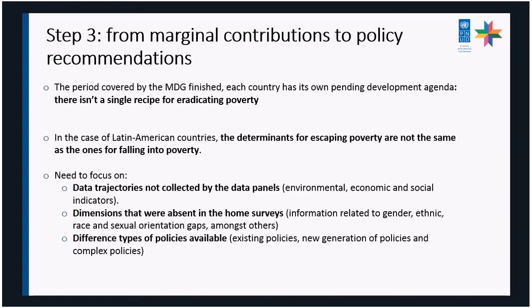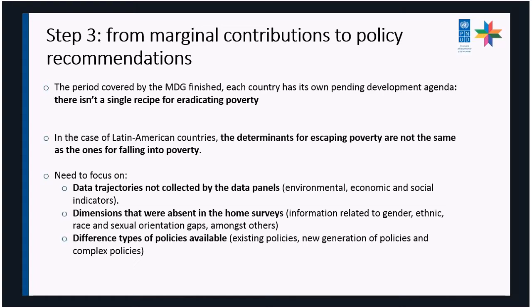So we think that there are three important factors to focus on when constructing the policy recommendations. The first one is to look to other data sources in order to analyze dimensions that are not collected by data panels. As you know, the SDG agenda is a very ambitious agenda that has three important dimensions: the environmental, economic, and social dimensions.